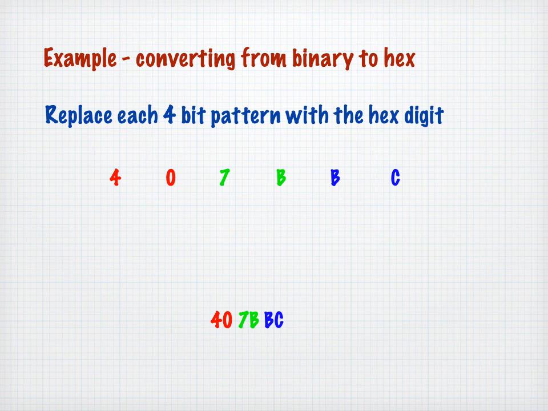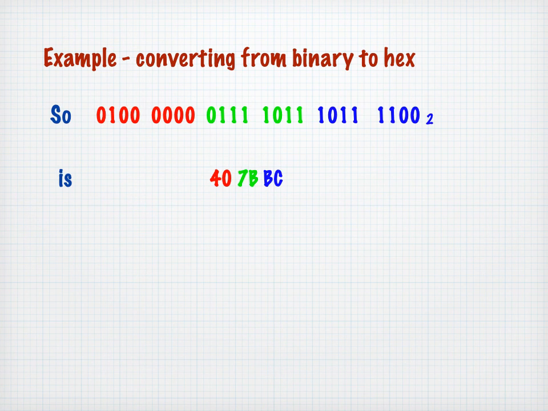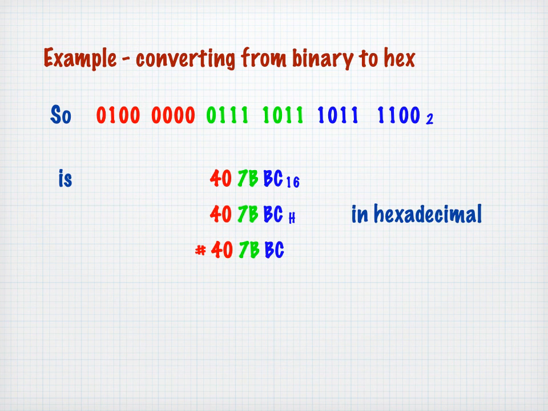And that's the actual hexadecimal number. So we know that this binary pattern corresponds to this hexadecimal number. And often we would write that down by using a 16 to indicate the base in subscript, or an H. On the web, and particularly in computing, sometimes we'll use that little hash symbol to indicate that it's a hexadecimal number.